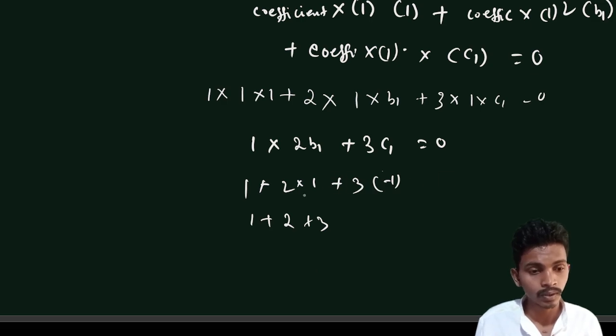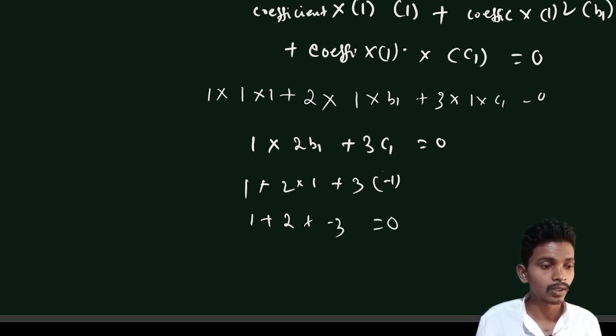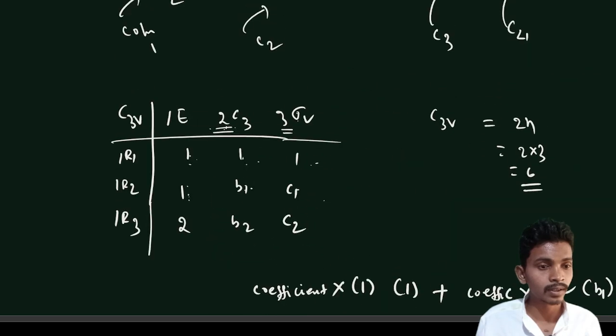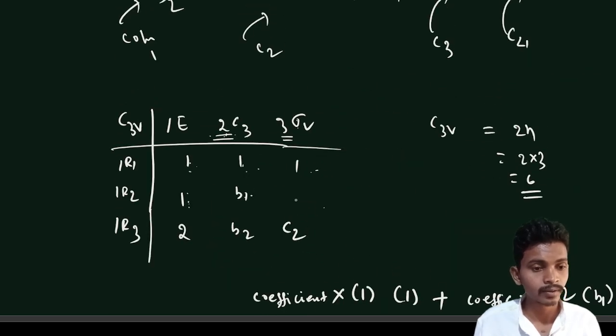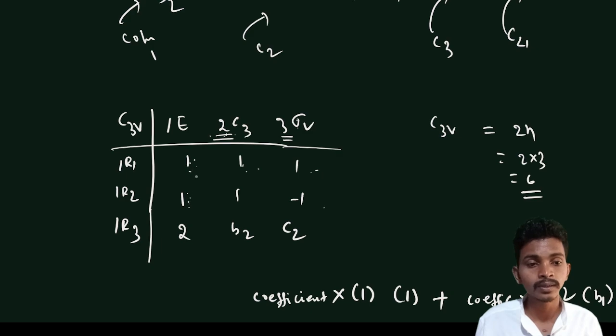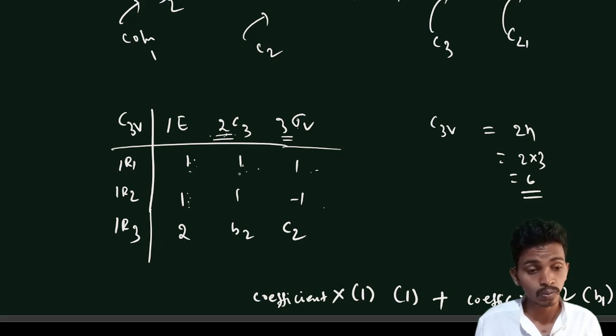So this is 1, this is 2, then this is minus 3, and this should be 0, so we have to take minus 1 here and 1 here. So we see that this is 1, this is 2, and 3 into minus 3, that is equal to 0.